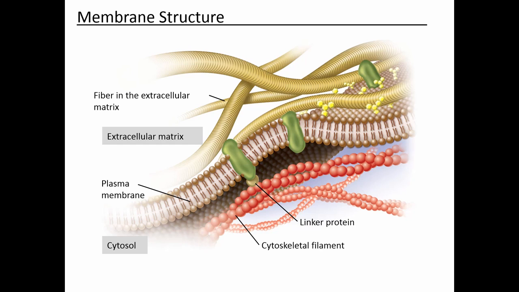So you can anchor it to that on the outside of the cell, and that can also keep the membrane protein from moving within the plasma membrane. Okay, do you guys have any questions about those two things?